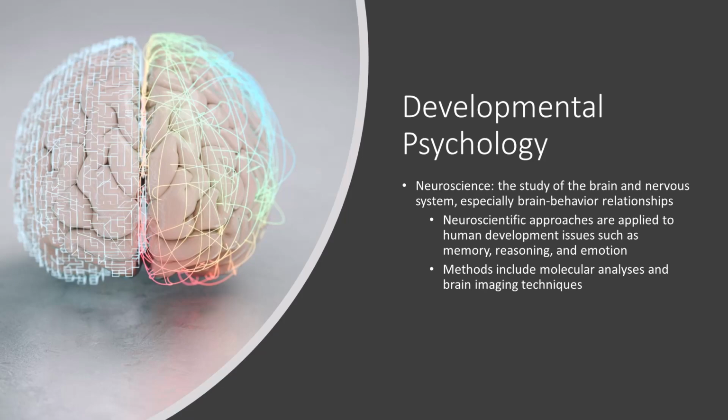Now, we have neuroscientific approaches that have been applied to human development, such as looking at memory, reasoning, and emotion. These methods might include things like molecular analysis and the aforementioned brain imaging techniques like fMRIs and EEGs.